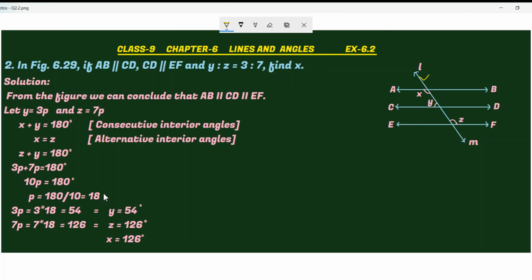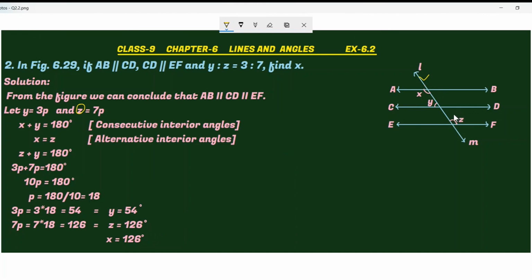Now we are going to find y and z. Y is equal to 3p, so 3 into 18 is 54. So y is equal to 54 degrees. And 7p is z, so 7 into 18 is 126. So z is equal to 126 degrees.